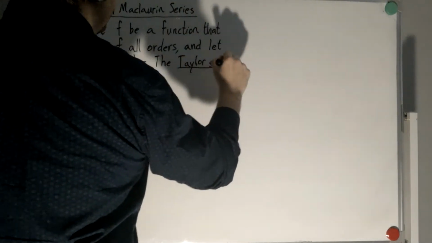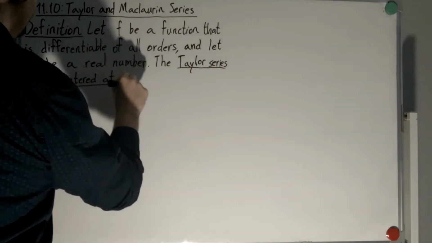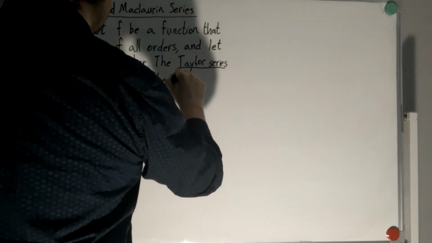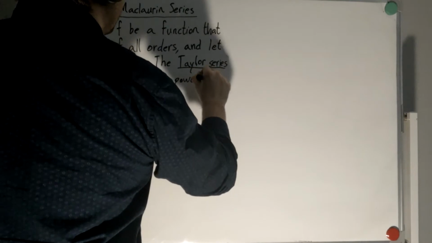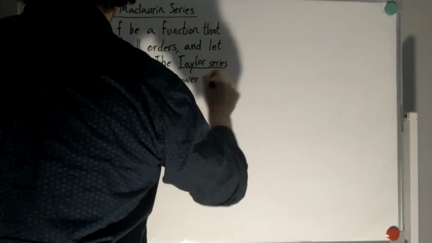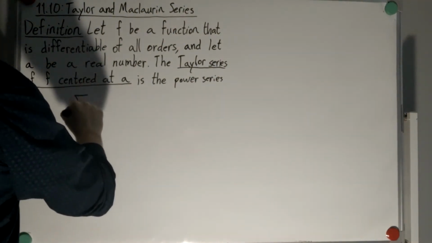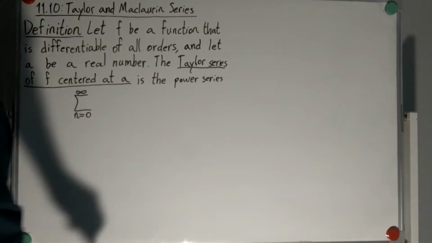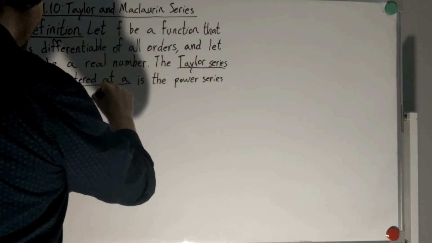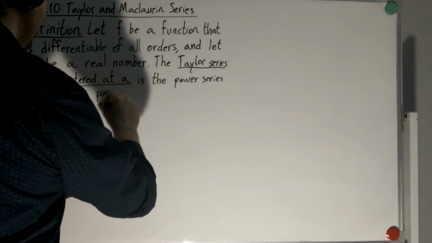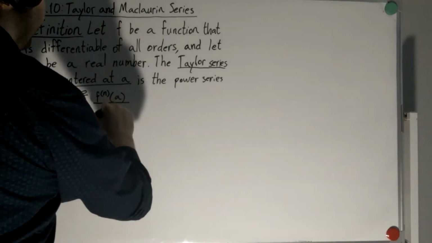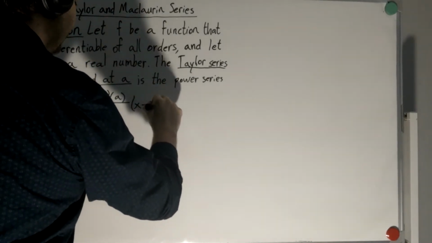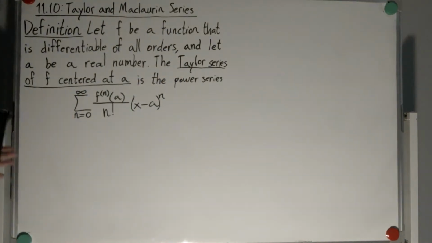So the Taylor series of f centered at a is the power series that looks like sum from n equals 0 to infinity of the nth derivative of f evaluated at a, divided by n factorial, times x minus a raised to the nth power.